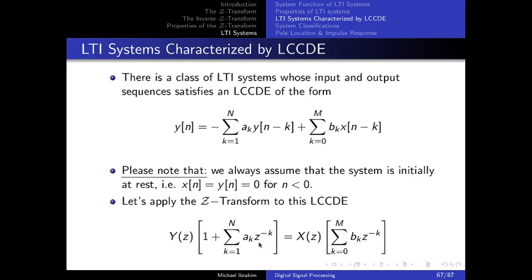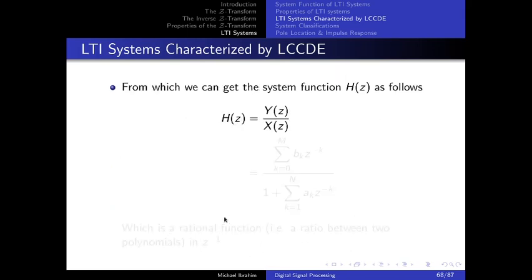So combining this with what we have learned before, that H of z, the system transfer function, is Y of z over X of z. Now Y of z over X of z would be this polynomial over this polynomial. Since H of z equals Y of z over X of z, H of z would be a ratio between two polynomials.